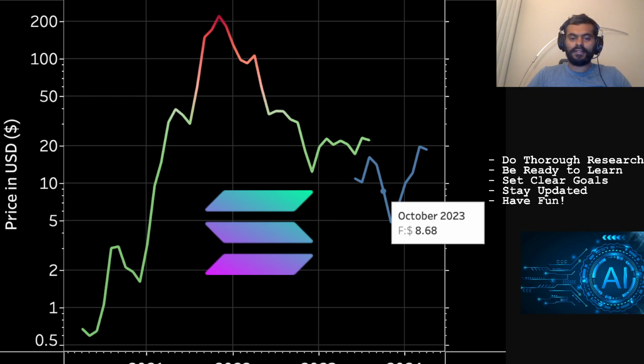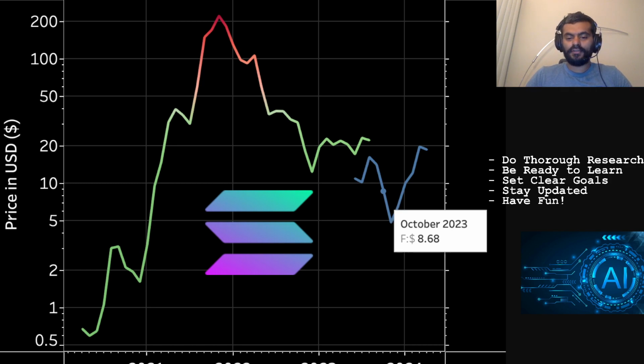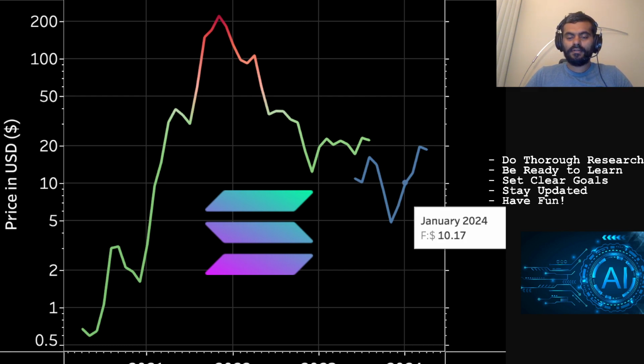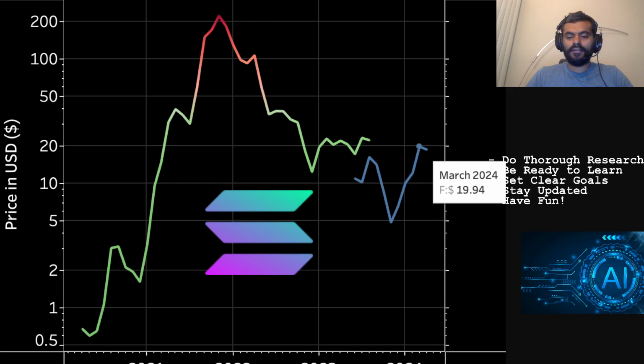But again, it would require those criteria in the macro environment, and that bearish sentiment to happen. So under that assumption, in the extreme recessionary trend, the forecast by the AI model is at less than $5, $4.91. December is at $6, January $10, February $12, March at $19, and April at almost $19.